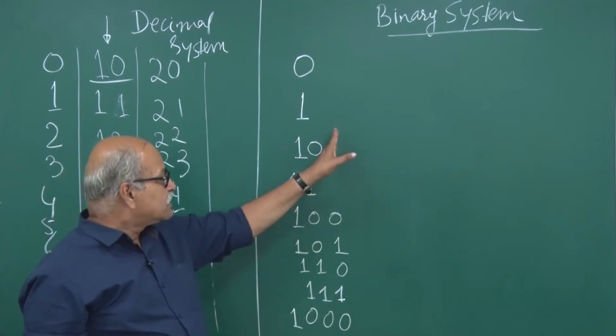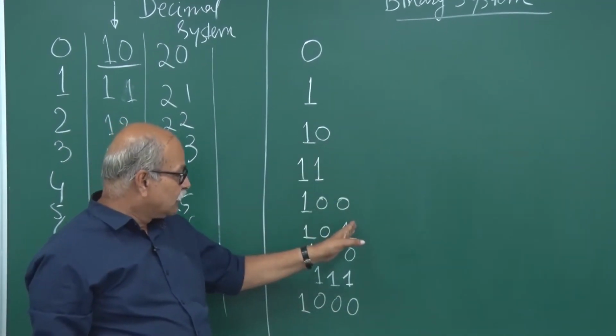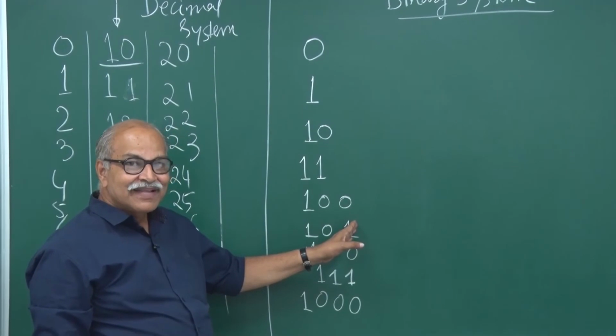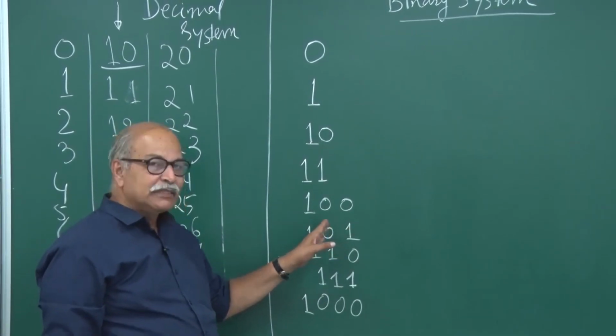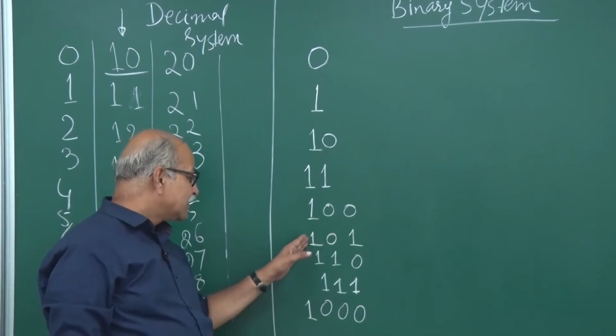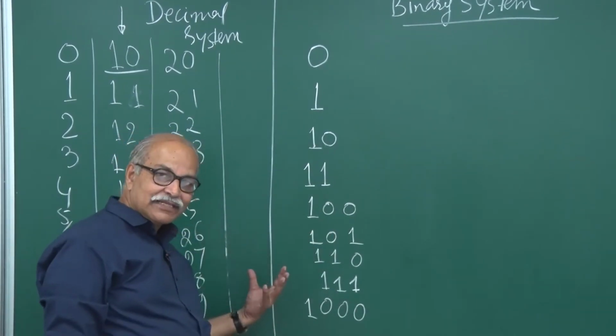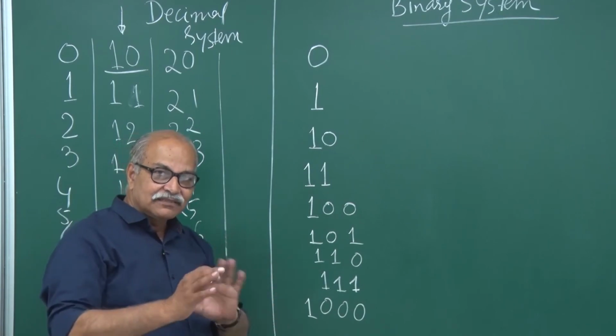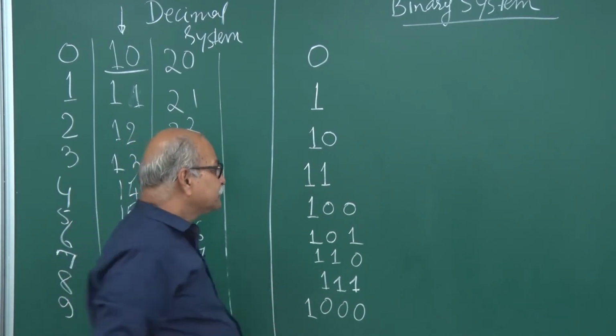So, the place value system is still there. You have that unit place and not tens place, this will be 2's place, and then this will be 2 squares place, and this will be 2 cube place, and so on.